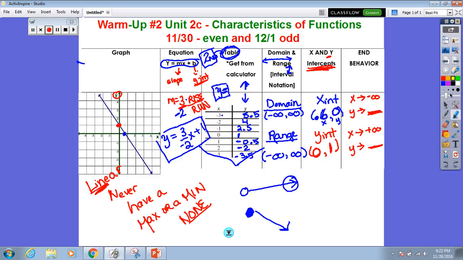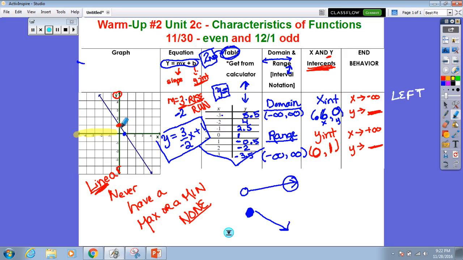So negative infinity over here means look at the left side of the graph, because the left is where the negative numbers are. And since we're talking about a negative infinity, we're looking at where all the x values would be negative. So if I look at where all the x values are negative, that's this side of the graph. Okay?